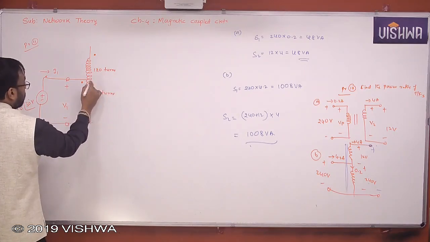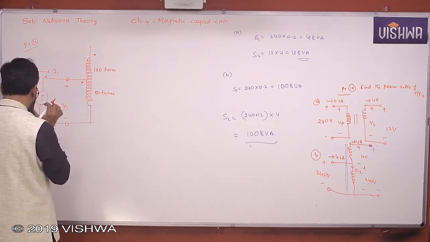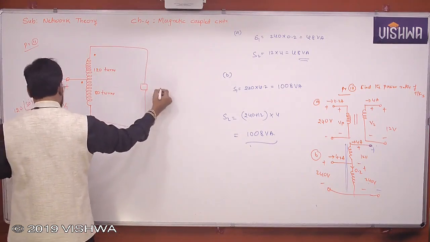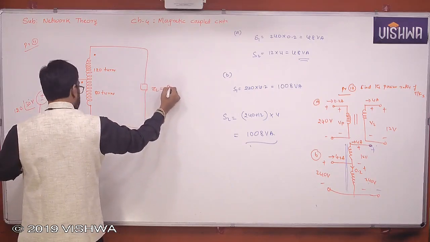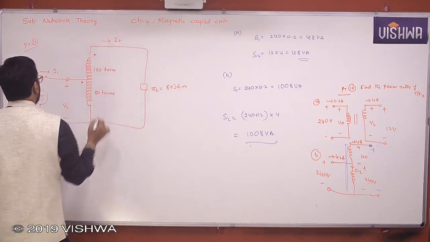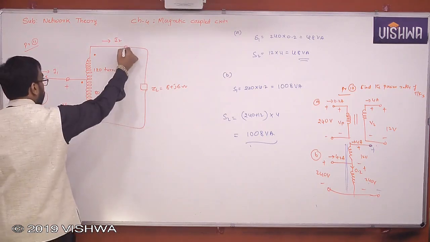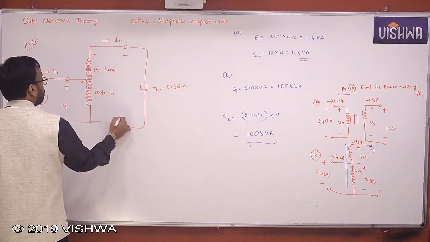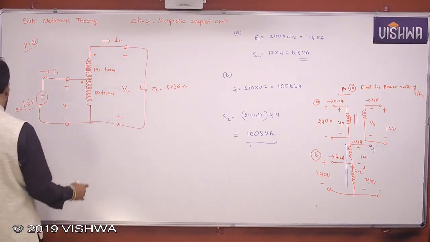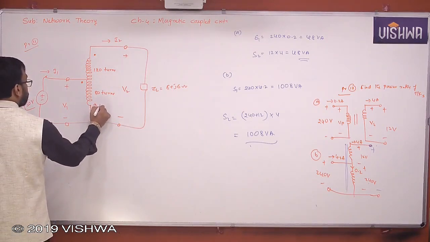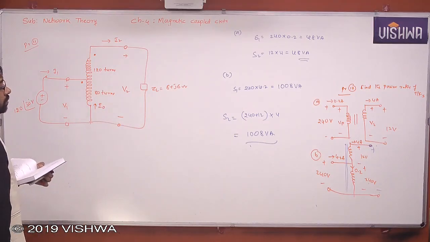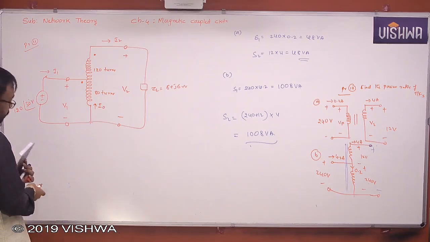I hope you understand. This is 80 turns, this is 120 turns. Now here is ZL, 8 plus j6 ohm. Now here is plus minus V2. Now here is I0. Clear?